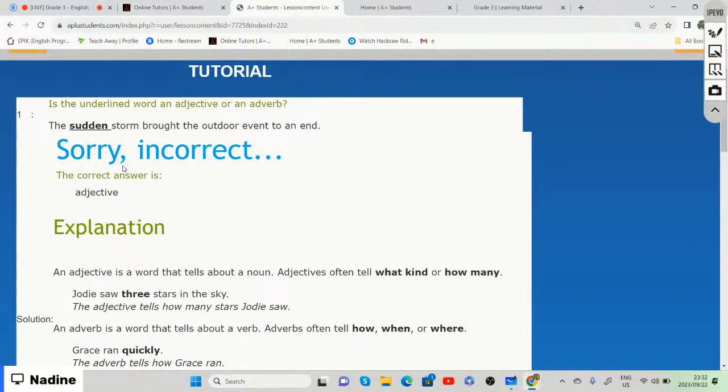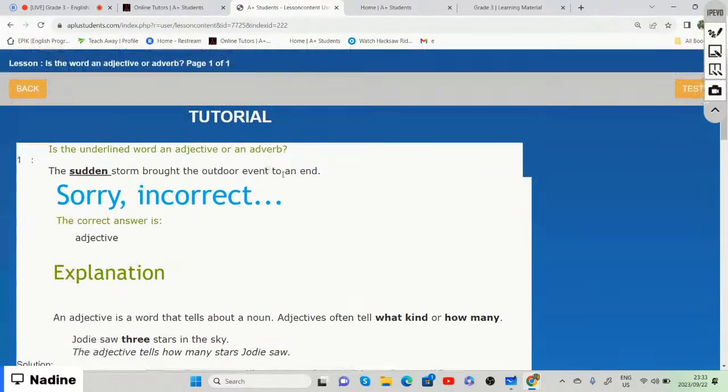Is this word sudden an adjective or an adverb? It's describing the storm. Is storm a noun or is storm a verb? So sudden describes storm. Is it telling us about a noun or telling us about a verb? Meaning, is it an adjective or an adverb?